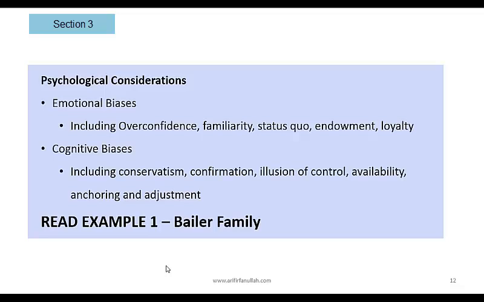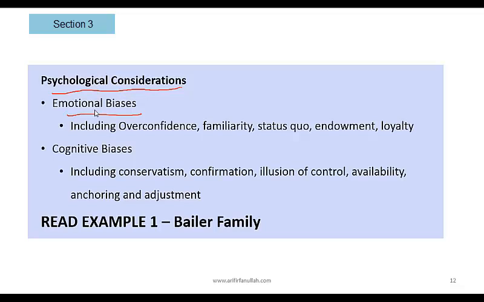Now, let's look at a topic that we've discussed in rather a lot of detail in behavioral finance, that is psychological considerations. So we discussed two kinds of biases. One was an emotional bias, and this includes all the biases. While the curriculum states a few biases, it says the emotional biases include.